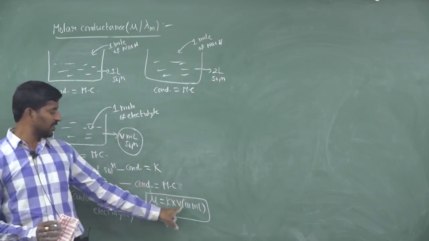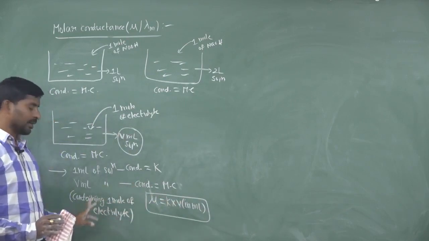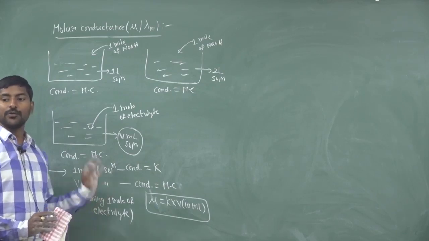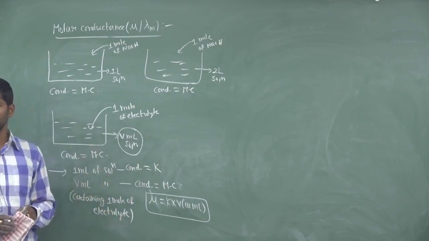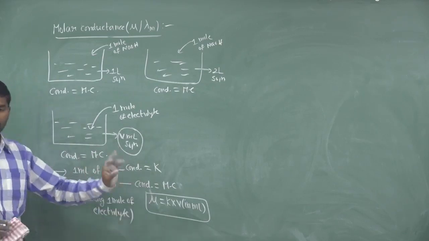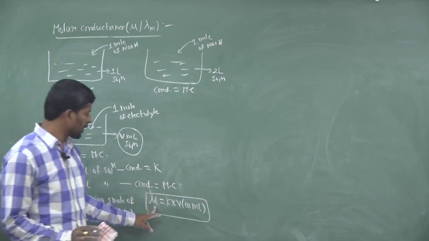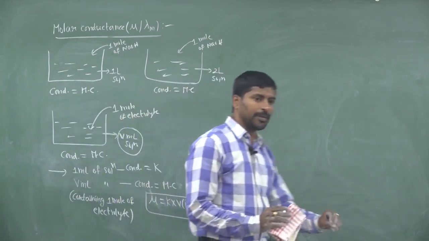So the formula for molar conductance is K into V in ml. But the condition is that V ml of solution contains 1 mole of electrolyte. Then only it is called molar conductance.